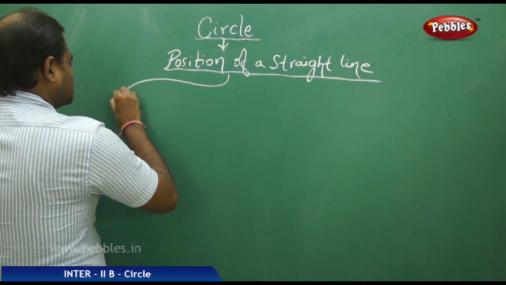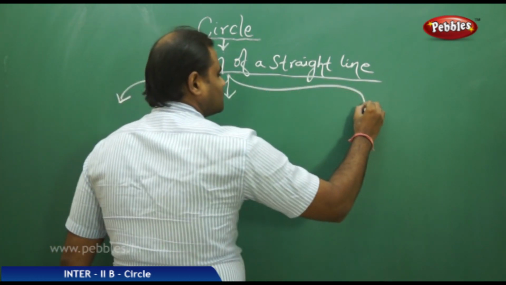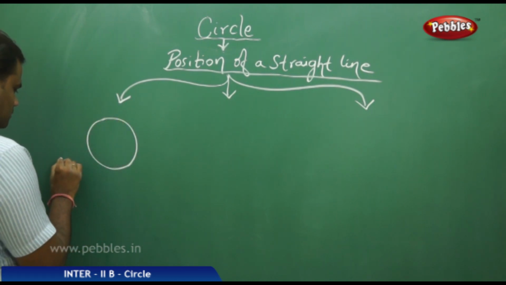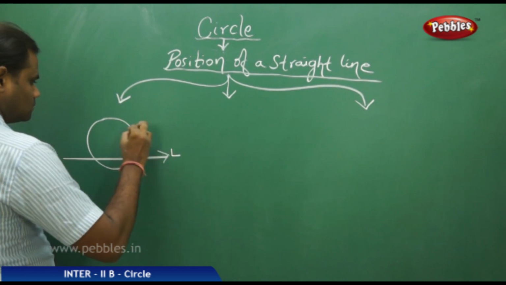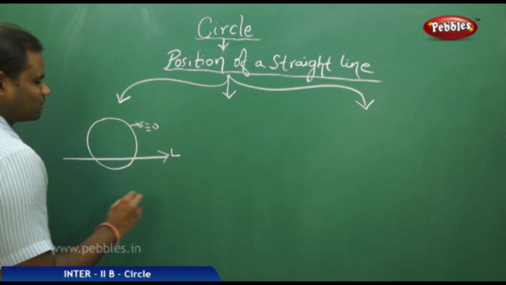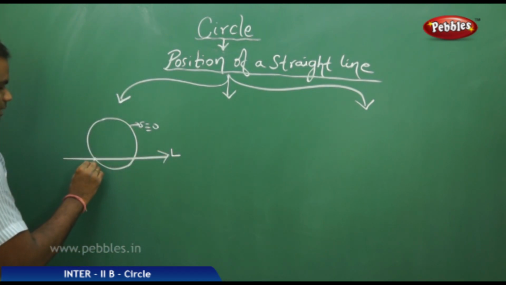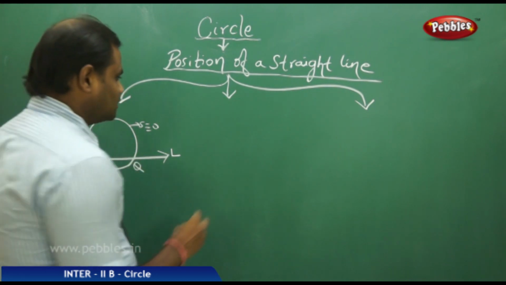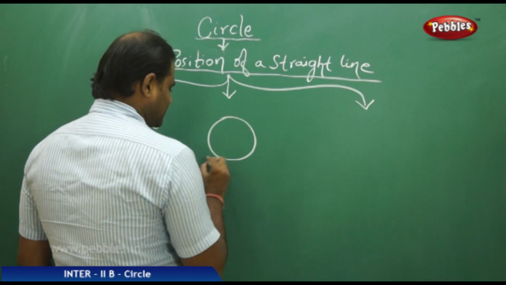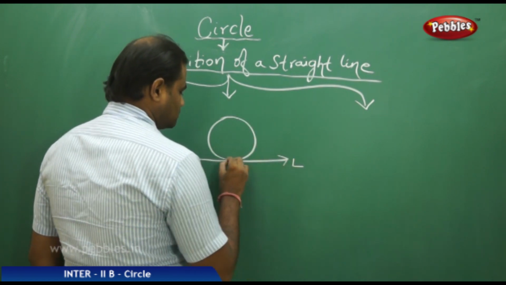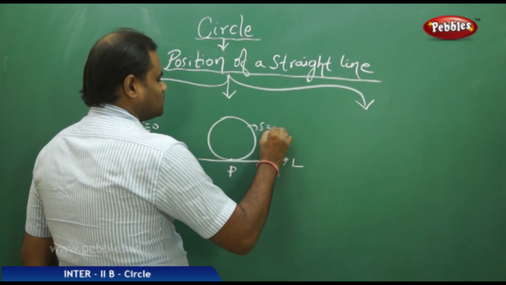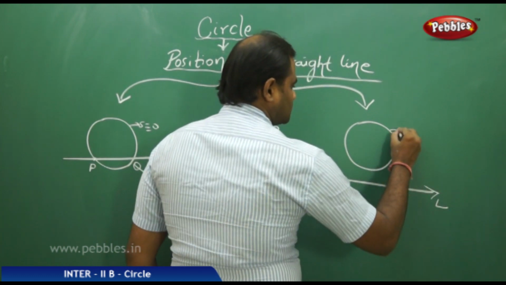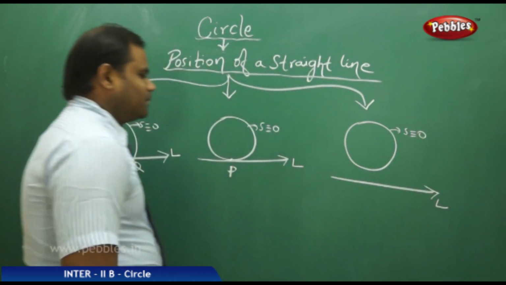So let's discuss the three cases. Where a line L cuts the circle S = 0, then it cuts making two distinct points P and Q. So one is the possibility that a line cuts the circle, one is the possibility that a line touches the circle, and one is the case where a line does not pass through the circle.